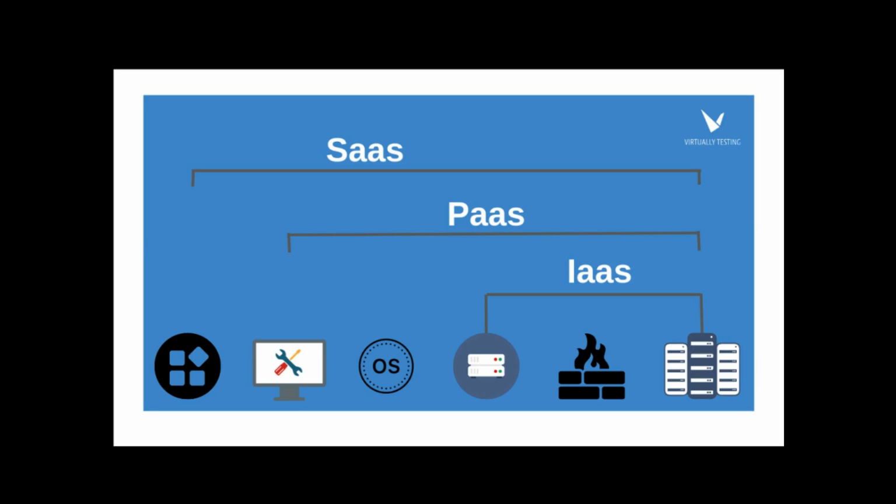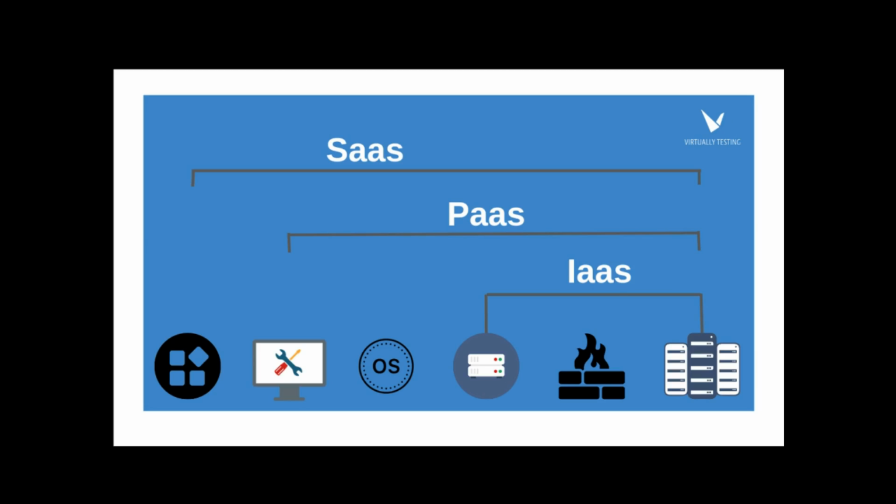So what this diagram is showing is it's highlighting for software as a service the applications. And what that means is that the user of a software as a service has control of the applications, but they don't have control of everything else, right?